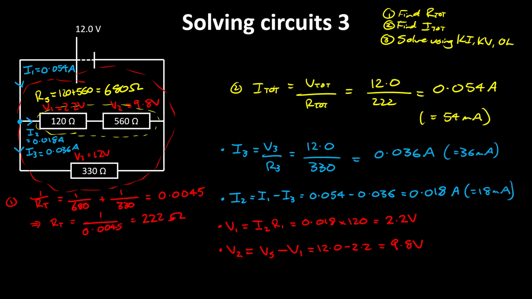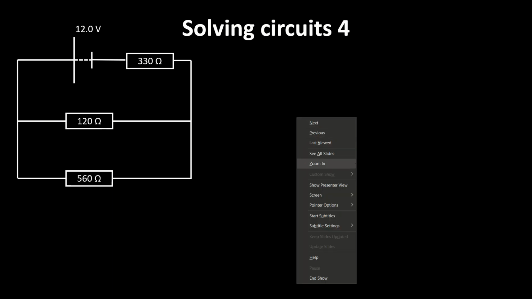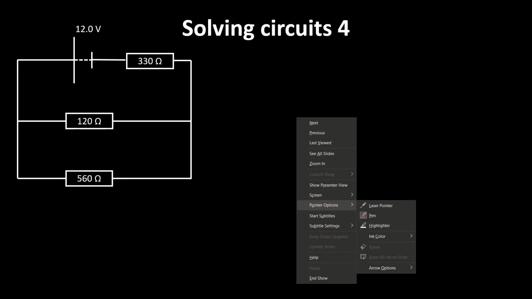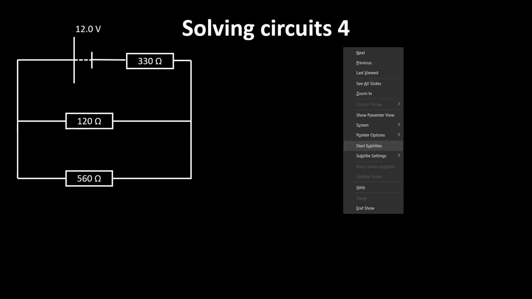So I'll go through the other example now. This is, again, the same resistors, but arranged differently, okay? And we'll go through the same steps. If you haven't done this one already, pause it here and have a go at it first. But same steps. Hang on, I've just got the wrong color there.